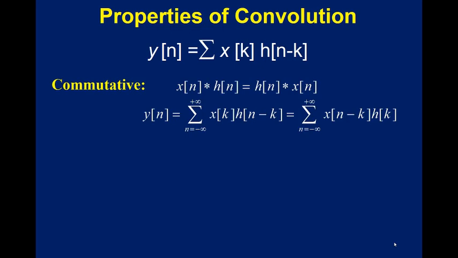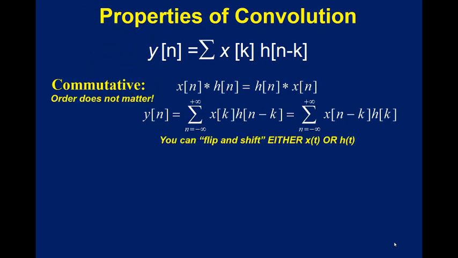So while commutative as a property means the order doesn't matter, in our interpretation that means we get to choose which of the two signals we're going to flip and shift when we do the actual computation of convolution, which is good news for us because particularly if you're doing it analytically, we can always choose the simpler function as the one we're going to manipulate, move around, and redraw. So that's kind of helpful.